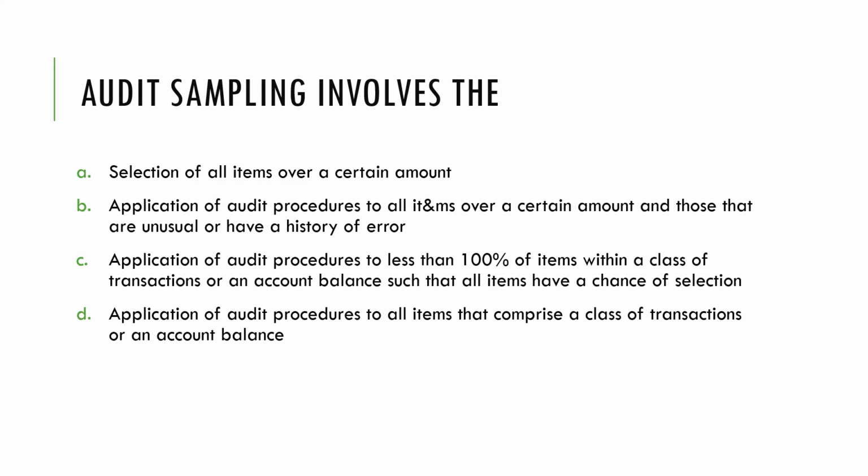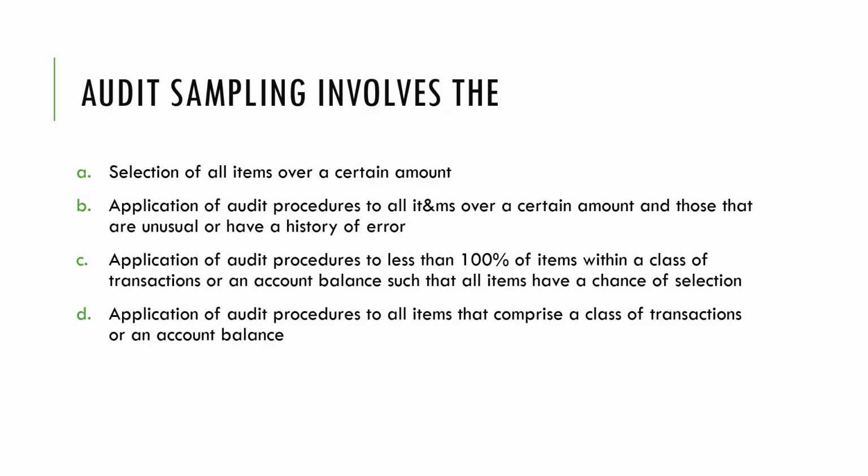Audit sampling involves letter A, selection of all items over a certain amount. Doing that, however, means that the auditor already has a preset or predetermined criteria, the criteria being a certain amount. So letter A is more appropriate for selecting specific items. Or letter B, application of audit procedures to all items.